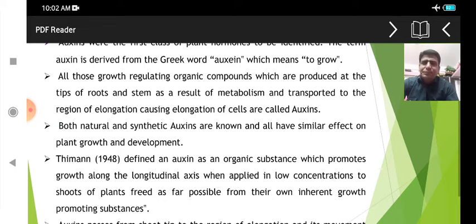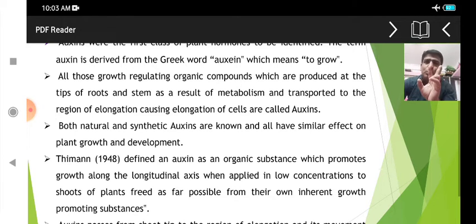Thimann defined auxins as organic components, basically consisting of carbon and hydrogen, which promote growth along a longitudinal axis and in a low concentration.